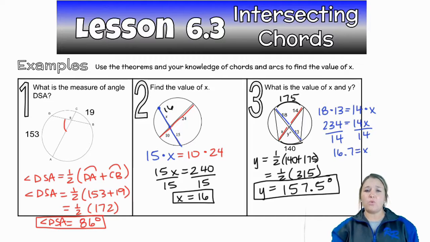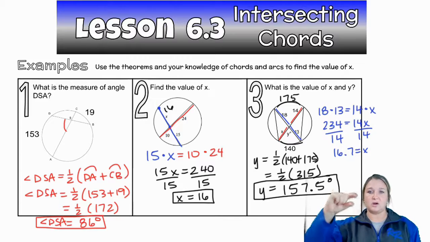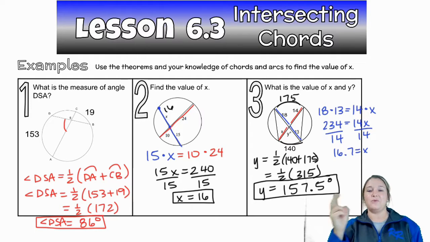Now, just because we didn't look at the other theorems more closely doesn't make them any less important. Some of those you've already looked at more closely because of vertical angles, and we talked about that with parallel lines and the transversal, also supplementary angles. The big takeaways from here are that the product of each segment for the chords are equal, and then you have another one, so one is equal and one is half.